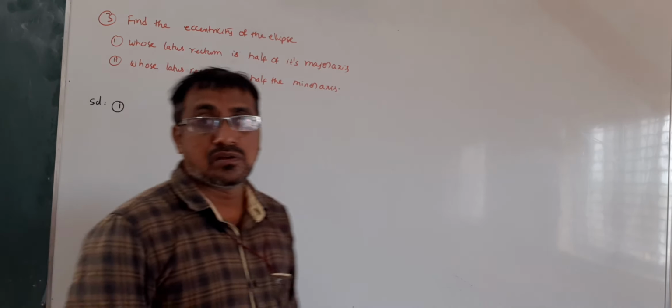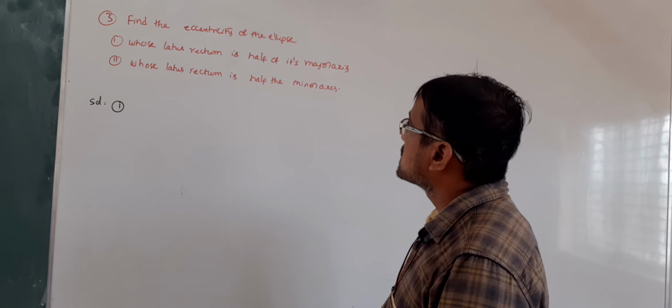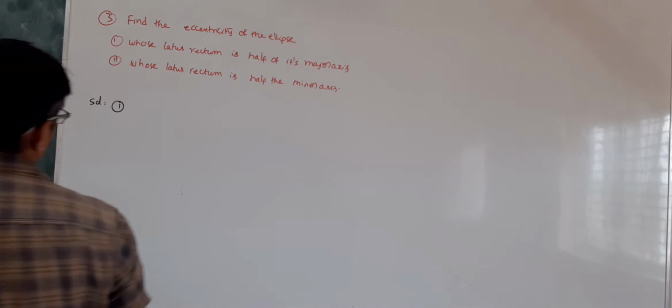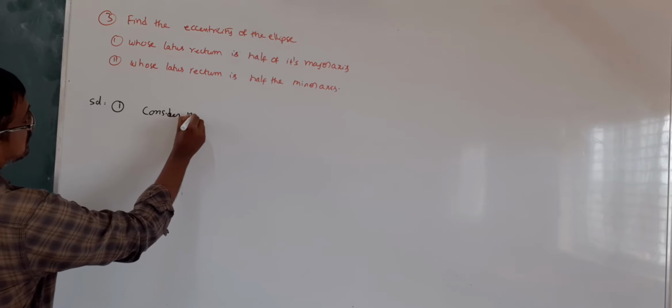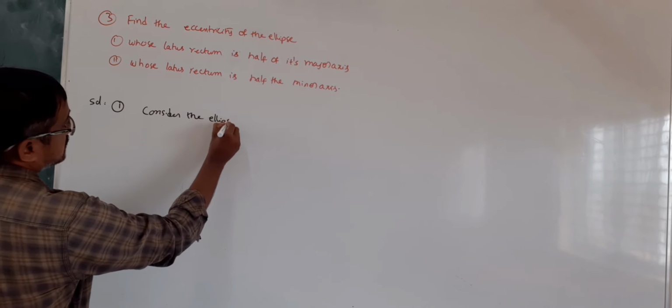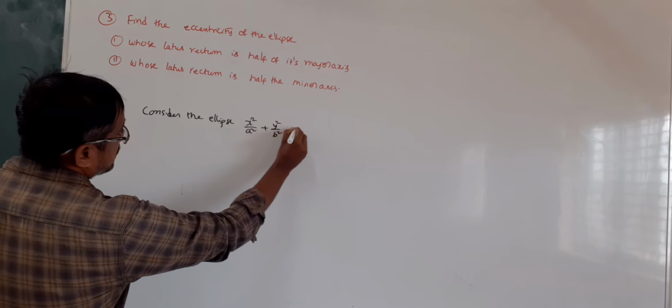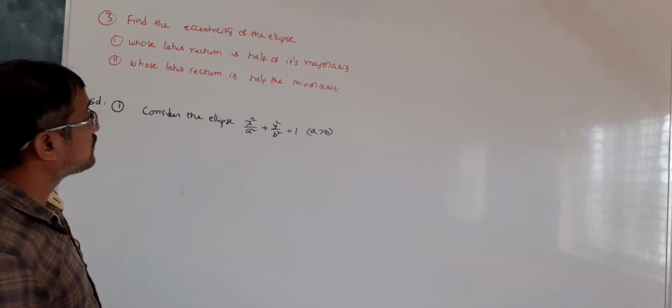Next model, find the eccentricity of the ellipse whose latus rectum is half of its major axis. That is the first question. So consider the ellipse x square by a square plus y square by b square is equal to 1, a greater than b, that is the ellipse in standard form.